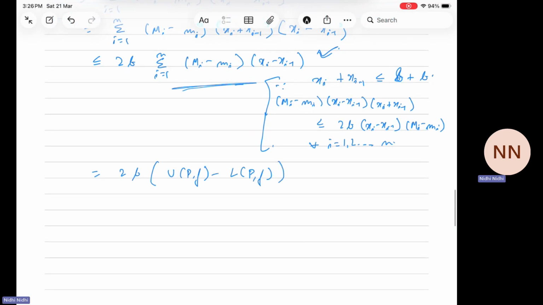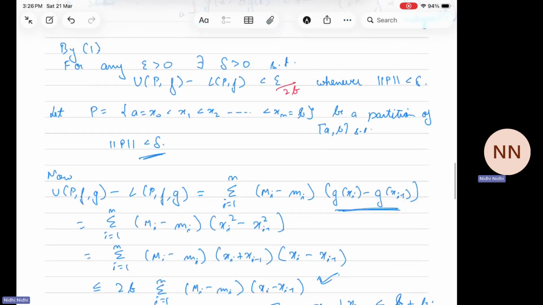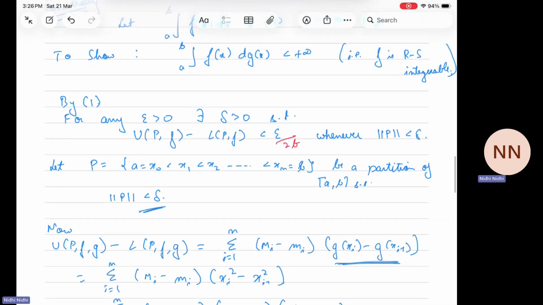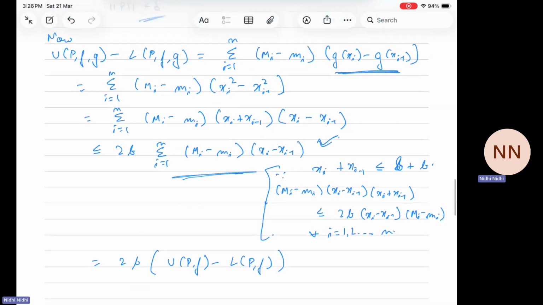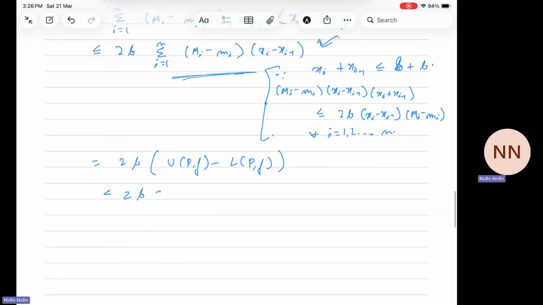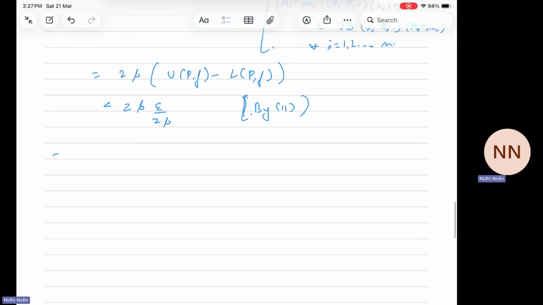Now, since the norm of partition P is less than delta, if I mark this as equation 2, by equation 2 we get this to be less than 2b times epsilon by 2b. That means U(P,g) minus L(P,g) is less than epsilon whenever the norm of P is less than delta.